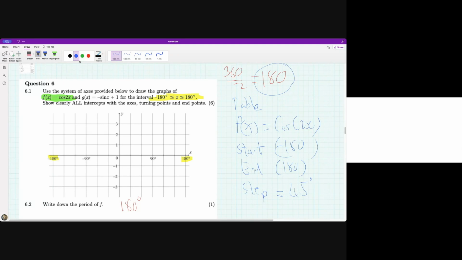And then after you've drawn this one, I want you to also use your calculator to draw me this one. But remember, you're going to have to key it in again. So I'm going to give you actually 4 minutes to draw both these graphs, and then I'm going to come back and do it with you.